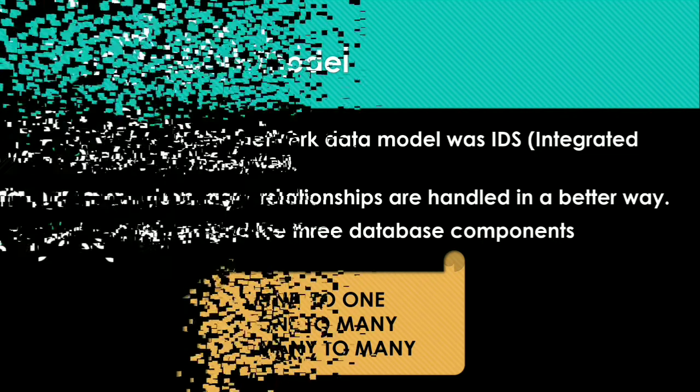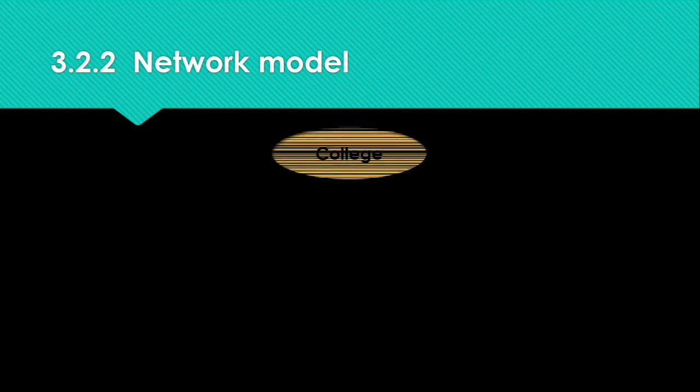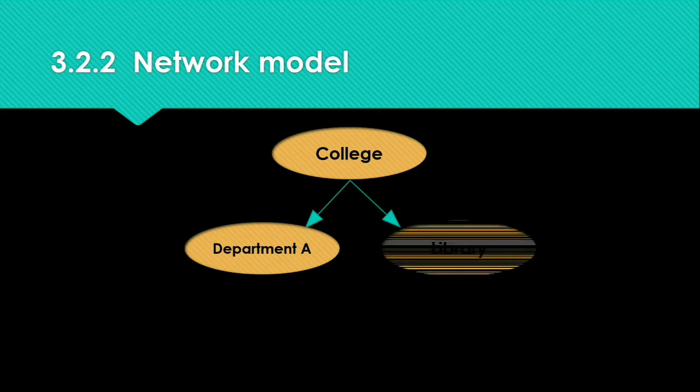Now let us see how this network model is created. For example, consider college details. A college offers many courses and it is maintained as departments. Here, for example, I have taken one department. Not only departments, they also have a library. So here this college is divided into two parts.